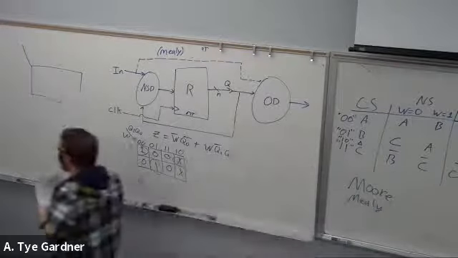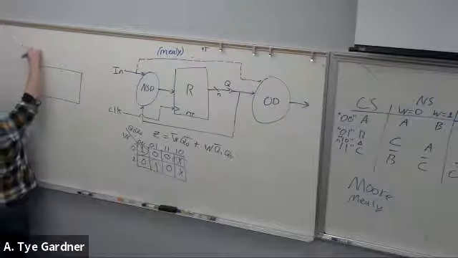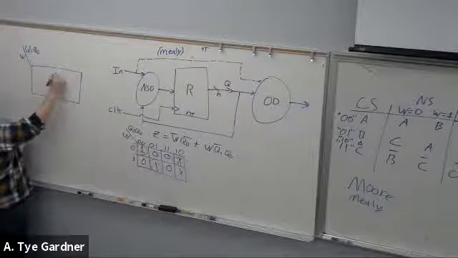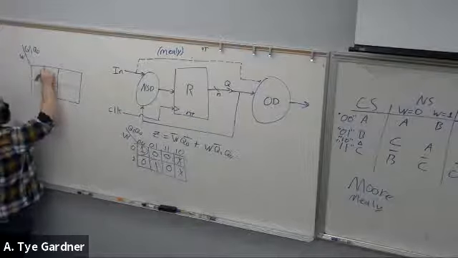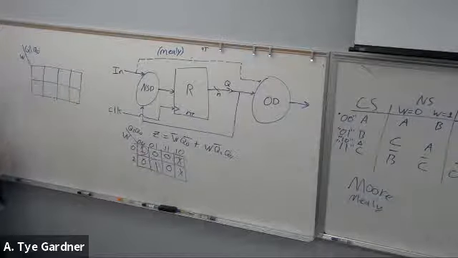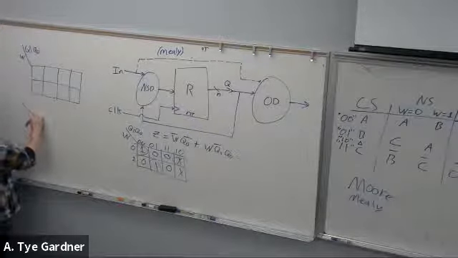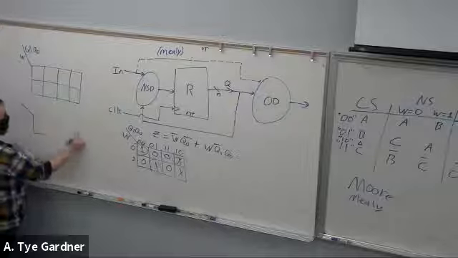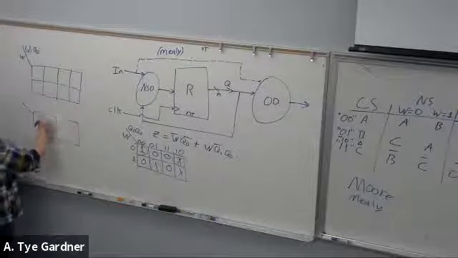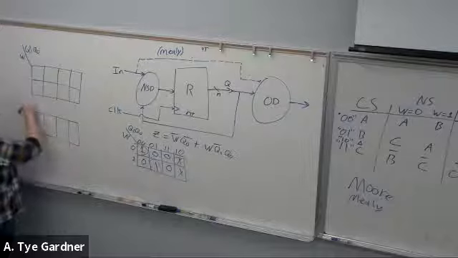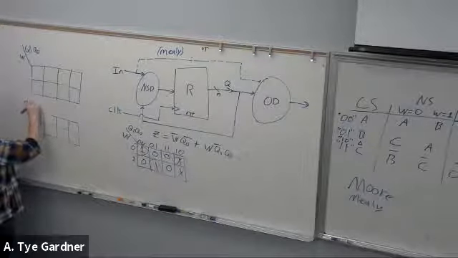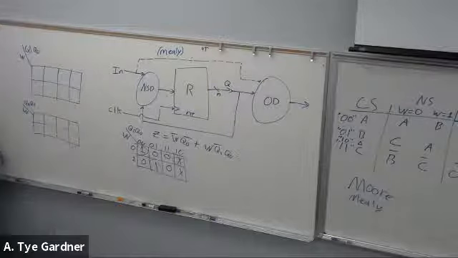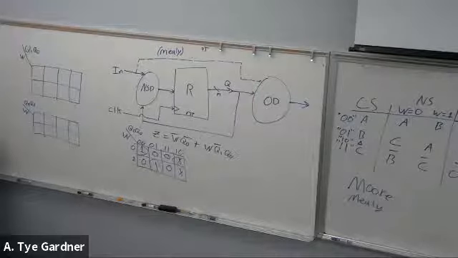Now, what we have to recognize is that I actually need 2 of these tables. Can somebody tell me why I need 2 K-maps? Because A, B, and C are 2 bits.